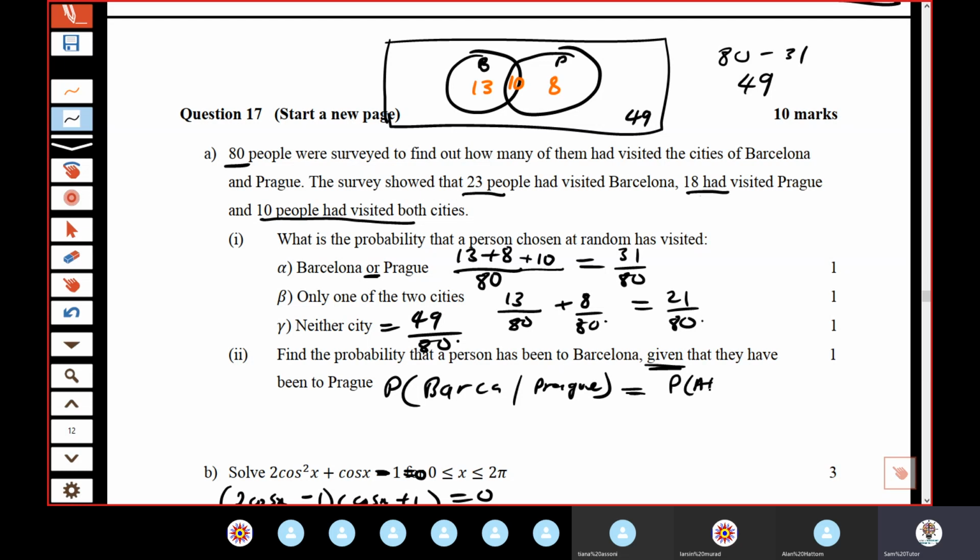So it should be probability of A and B over probability of B, right? So that one's going to be probability of Barcelona given that they've been to Prague. So yeah, that should be 10 out of 18.